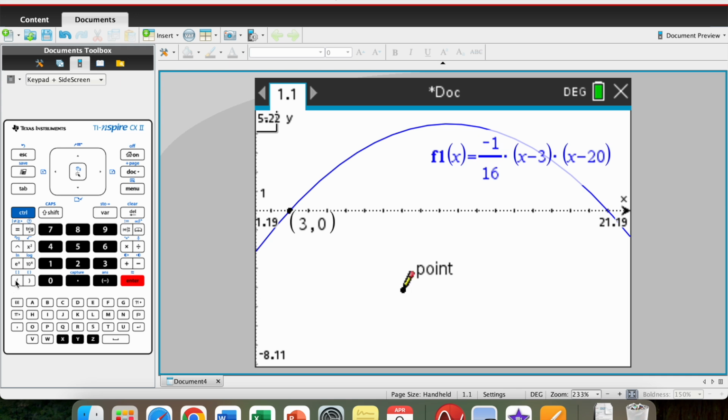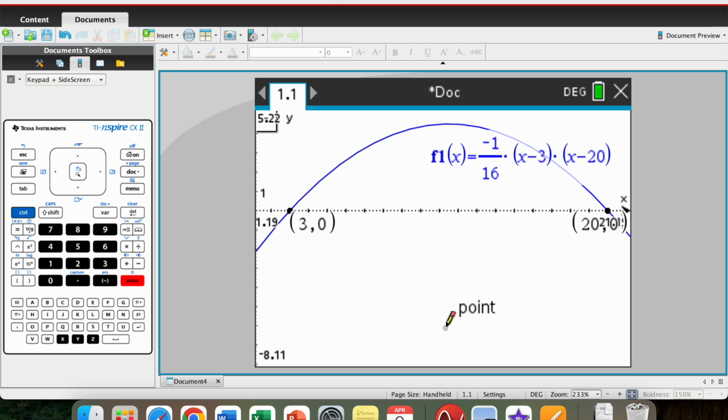To plot the second point, all I need to do is just open bracket. When I press the open bracket symbol, the tool gets activated. I enter 20, press enter, 0, enter. Now you can see both these points lie exactly on the graph, which is not a surprise because we used these points to create this graph.